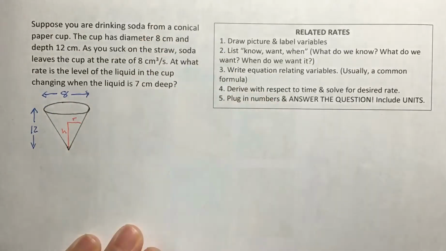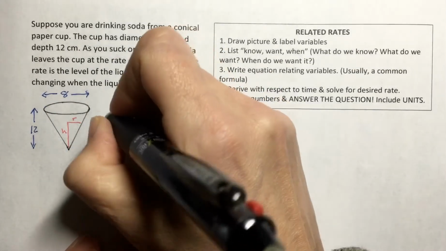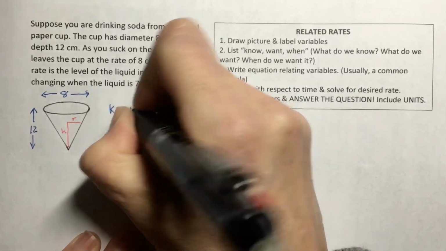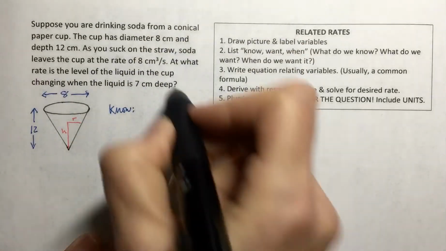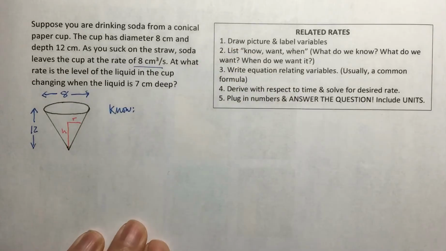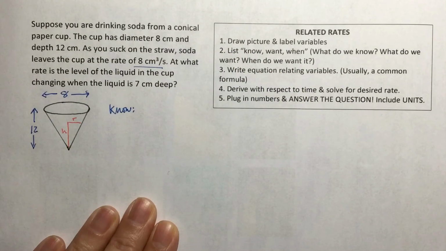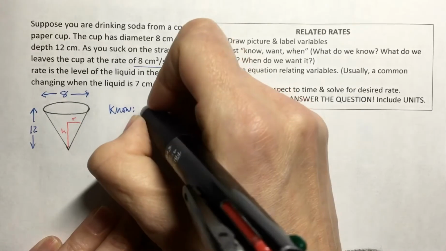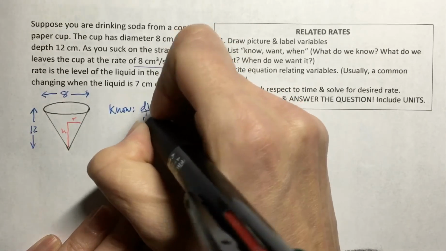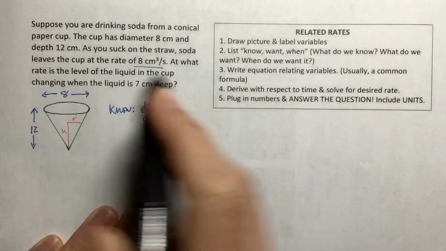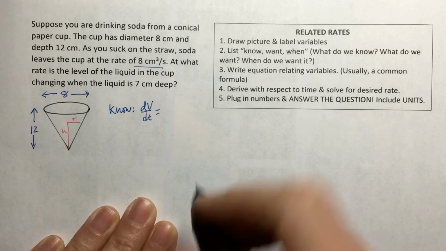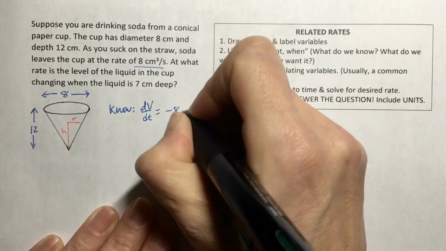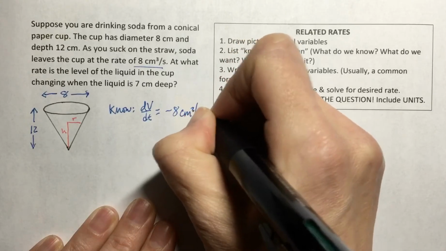Let's list our know, want, and when. The things we know: the soda leaves the cup at a rate of 8 cubic centimeters per second. That's a change of our volume. So dV/dt is, and since it's leaving, we have to be really careful because the text won't say it's negative, we have to know that ourselves, negative 8 cubic centimeters per second.